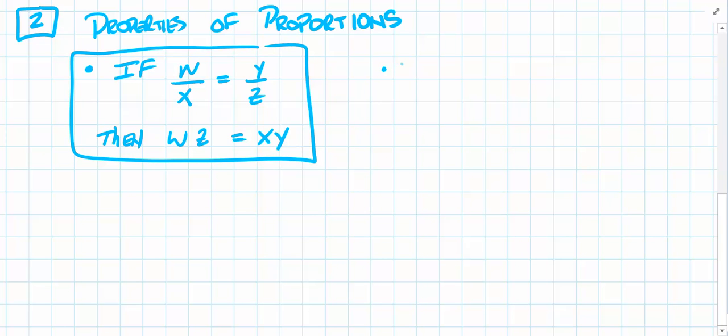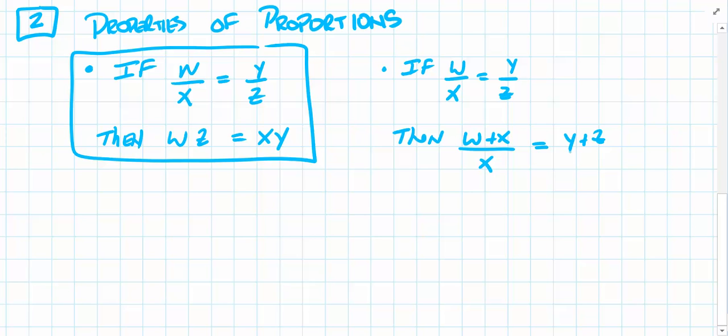The second one is, let's say I have W over X is equal to Y over Z. Then we can say that W plus X over X is going to be the same as Y plus Z over Z. Have you guys seen this one before?